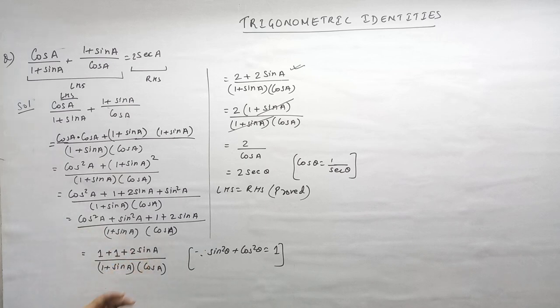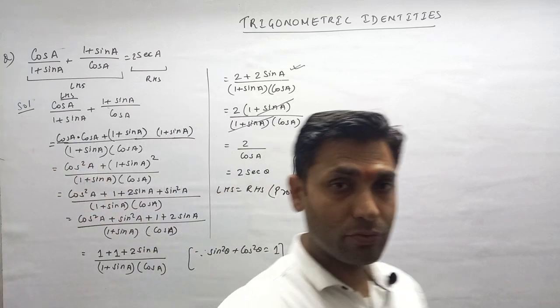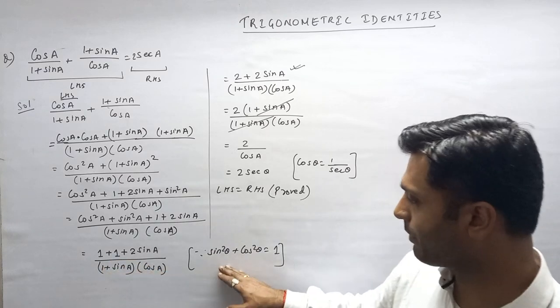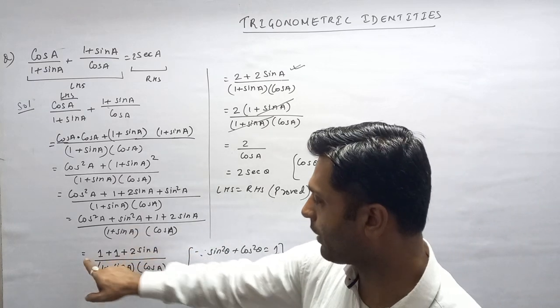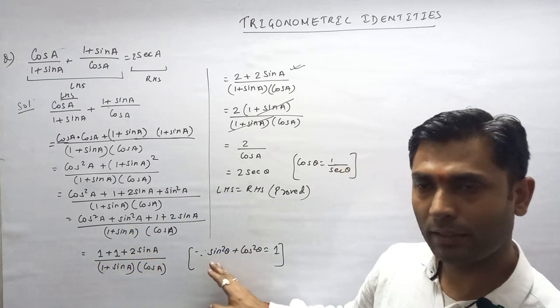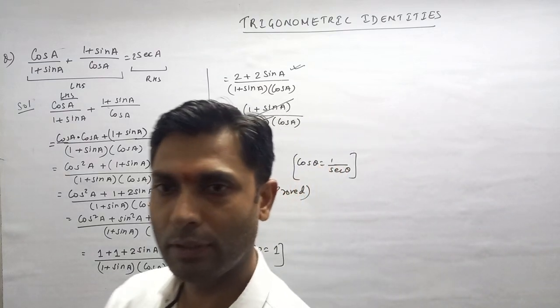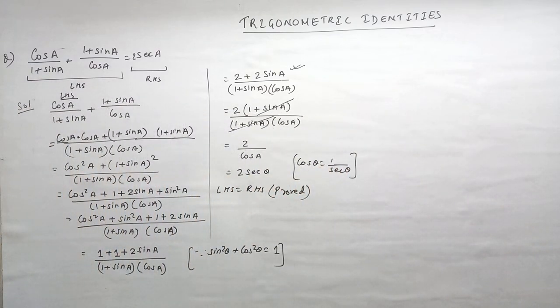Right? And even the examiner who is checking your papers also will come to know that you have the clear concept as to why we have written 1 out here. Okay, so this is it. Now we'll move on to the next question.